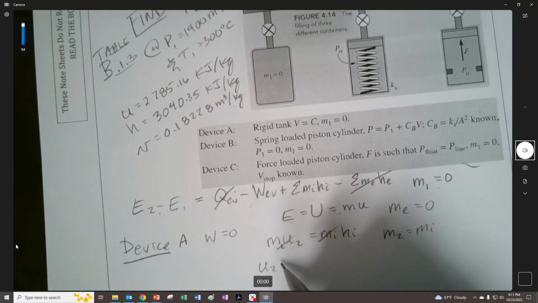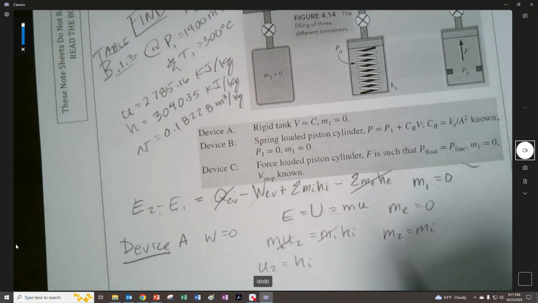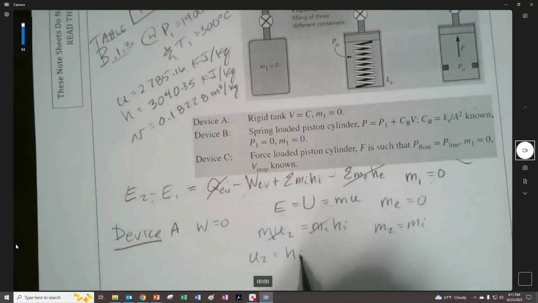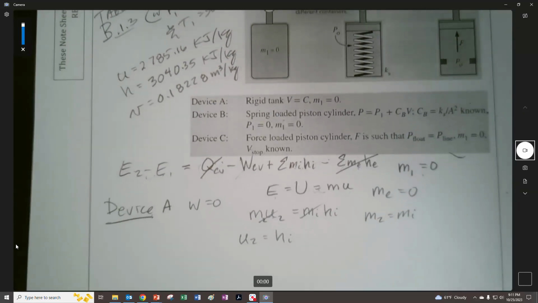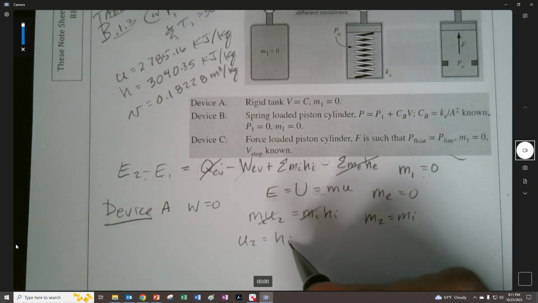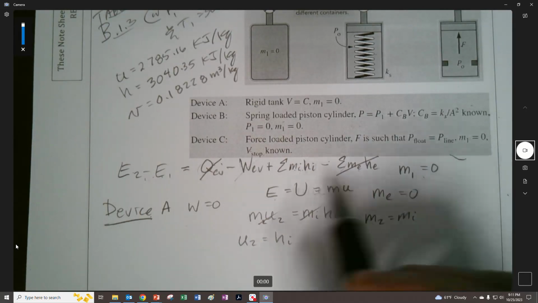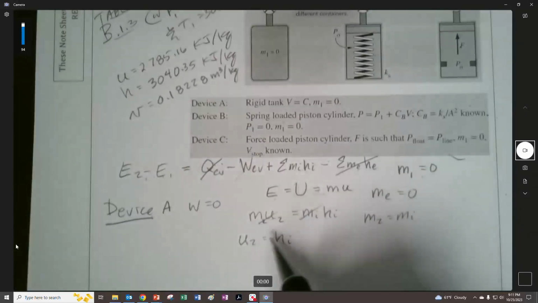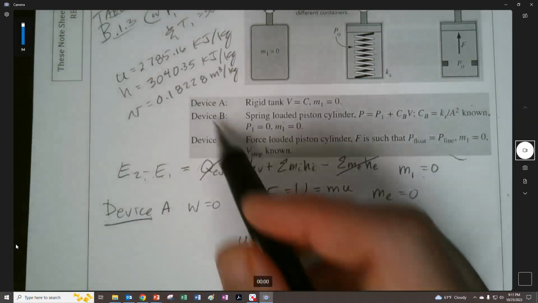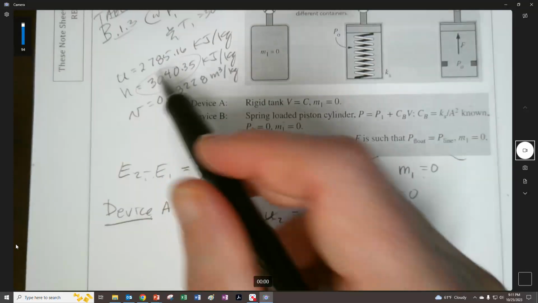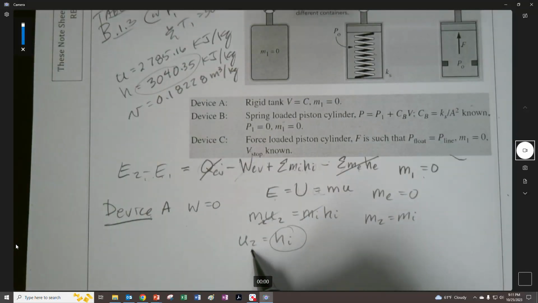So U2 is going to equal H entering. This is the I, incoming maybe. I don't know what the I is for, maybe it's in. So our goal is to find the temperature. Well, we know this enthalpy right here. That's the enthalpy coming in. So this is going to be the enthalpy afterwards.